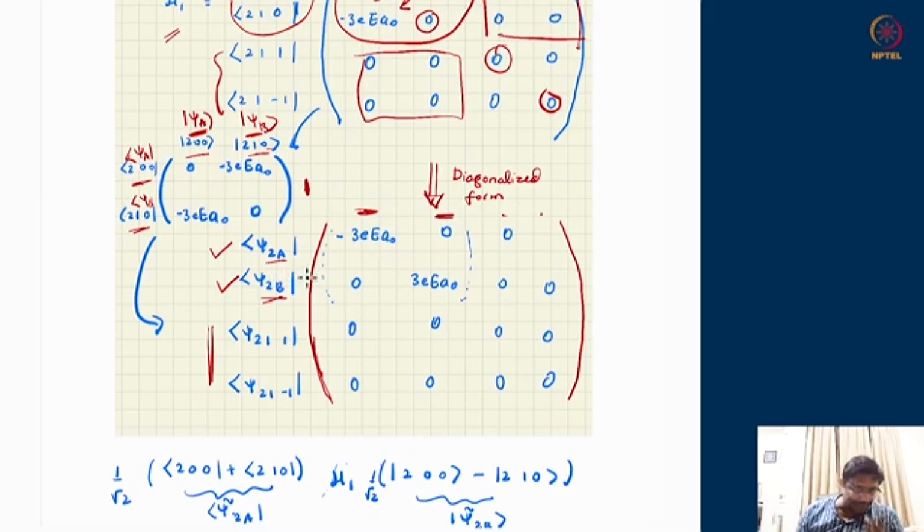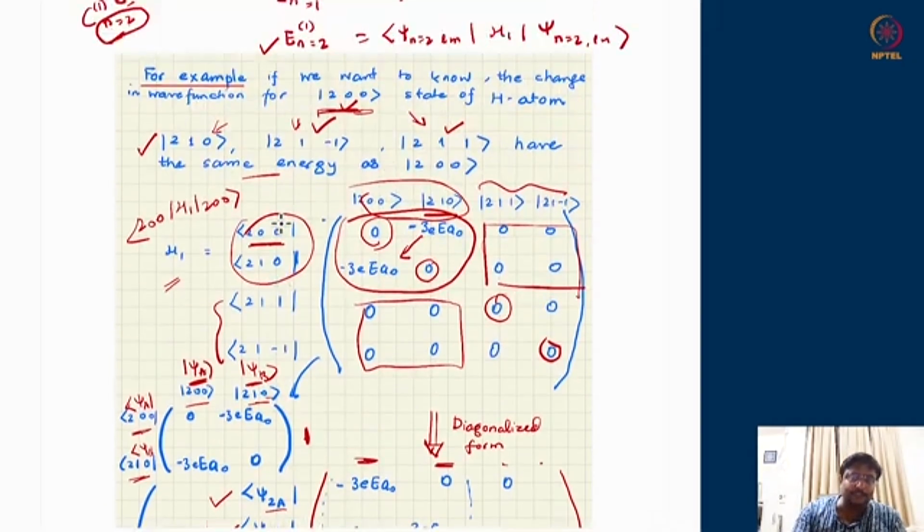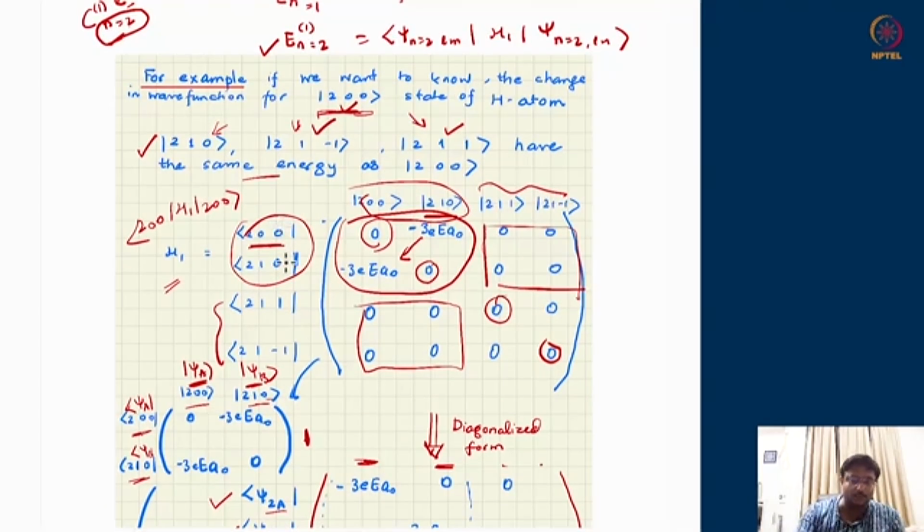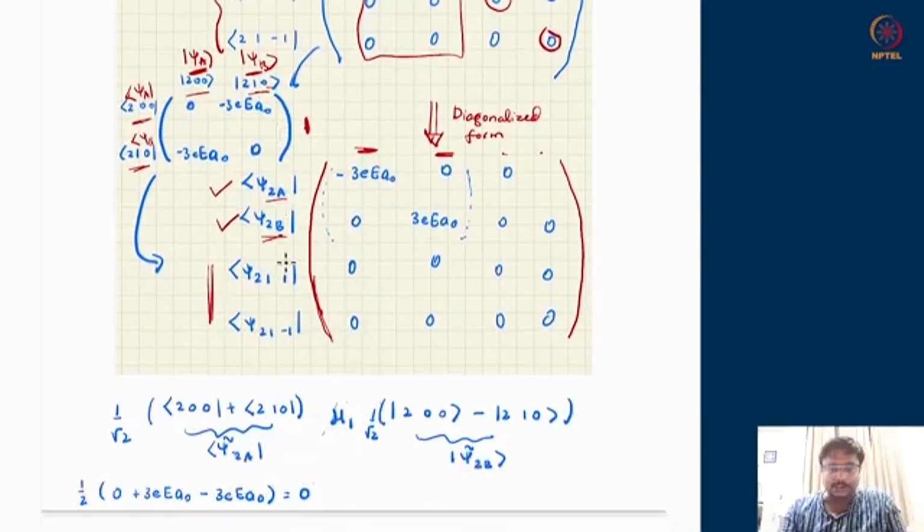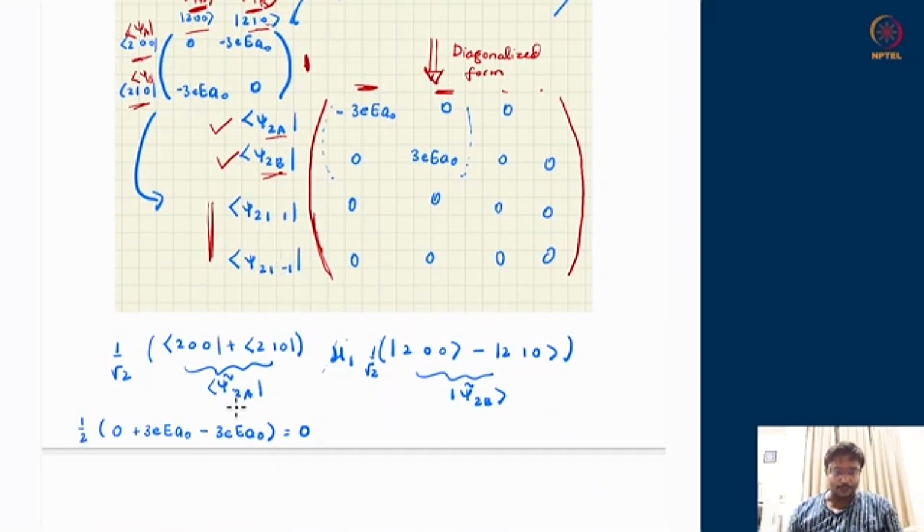So indeed it is possible to diagonalize this perturbation Hamiltonian for the n equal to 2 subspace, and it so happens that psi 2a is just the superposition of the two states, 200 plus 210, times 1 by root 2, and psi 2b is the difference, 200 minus 210, with 1 by root 2.